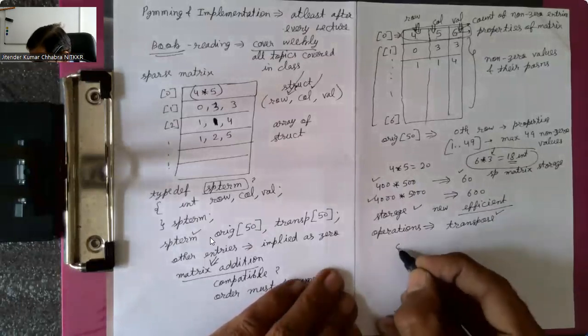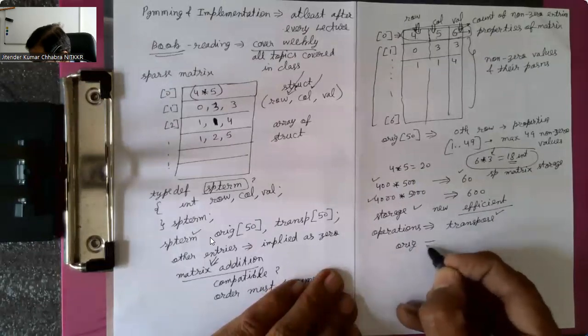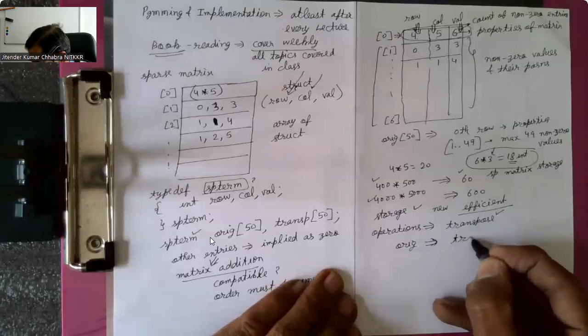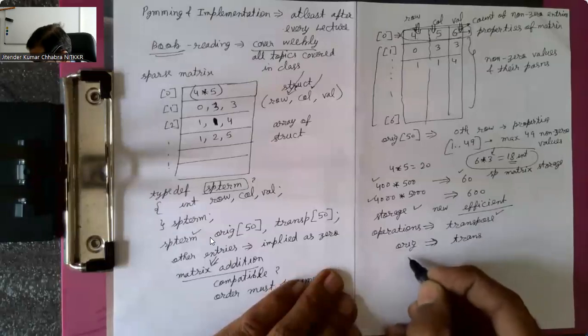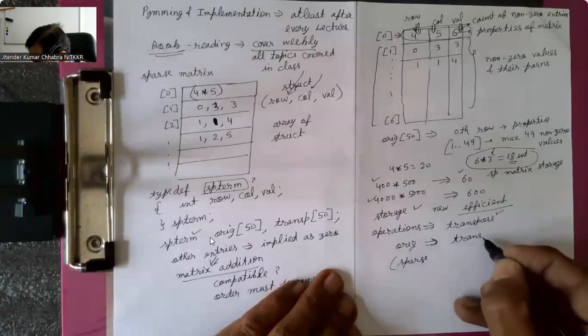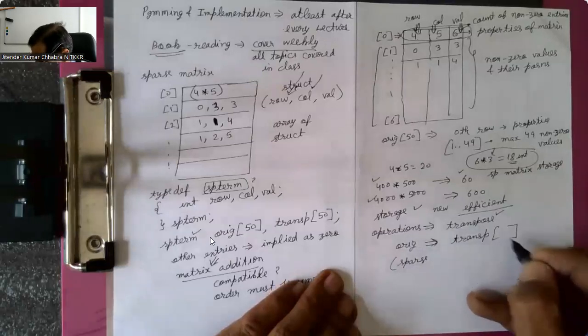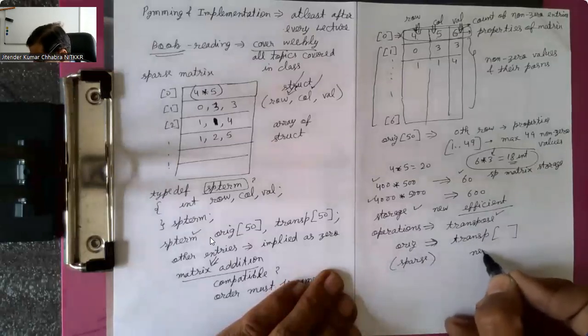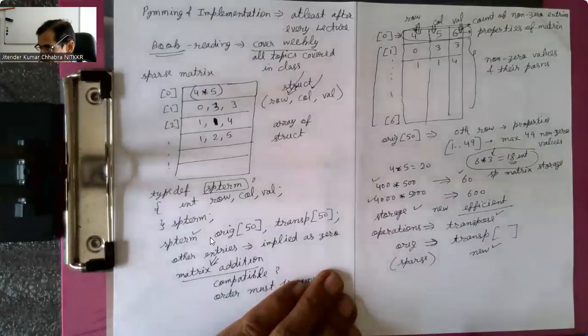I want the original matrix to be transposed to generate a new transpose matrix. And because it is sparse, obviously the transposed matrix will also be sparse. So I want a new matrix to be generated from the original matrix.